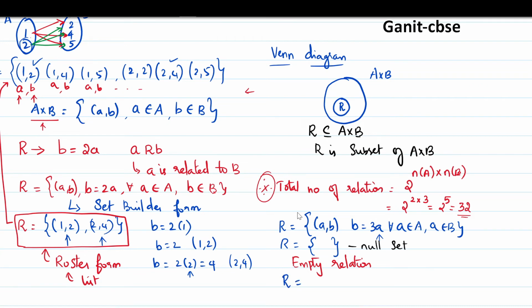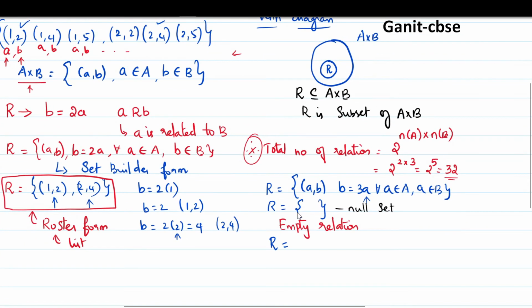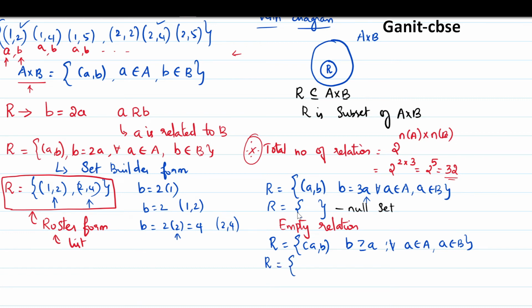If I want to discuss another type, I'm going to take another relation: b greater than or equal to a, for a belongs to set A and b belongs to set B. If you take the ordered pairs, with a equal to 1, we have (1, 2), (1, 4), (1, 5), and with a equal to 2, we have (2, 2), (2, 4), (2, 5).